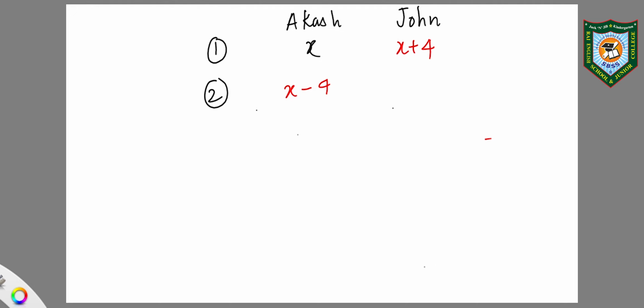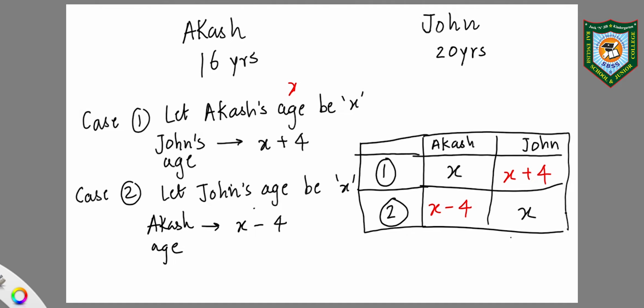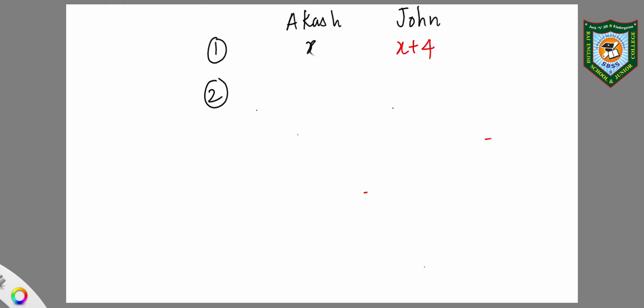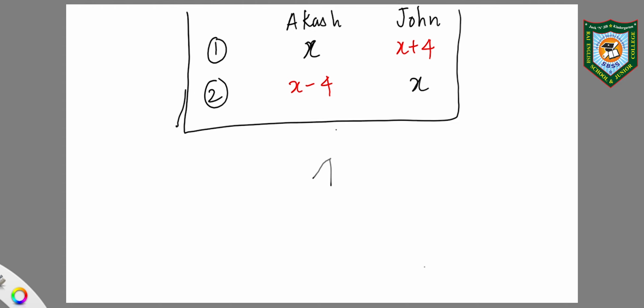This is X minus 4, this is X. So now once I have this, we'll try to understand why the two equations are different.